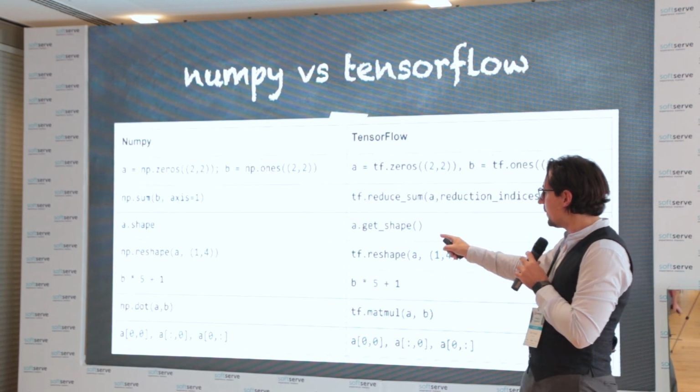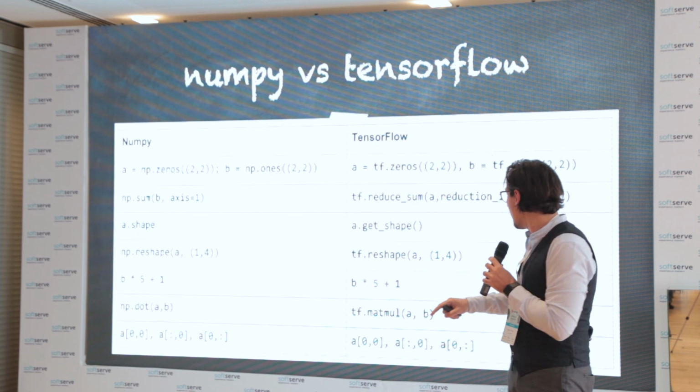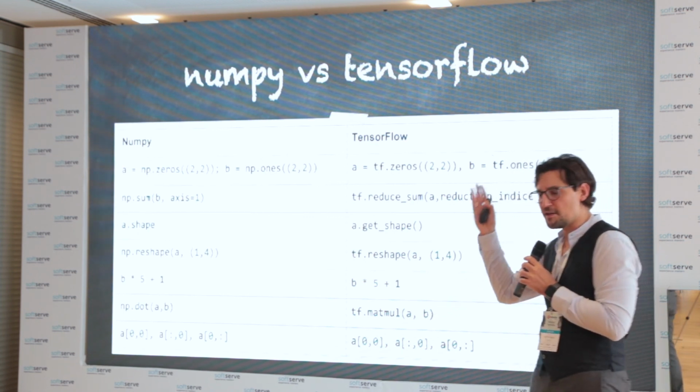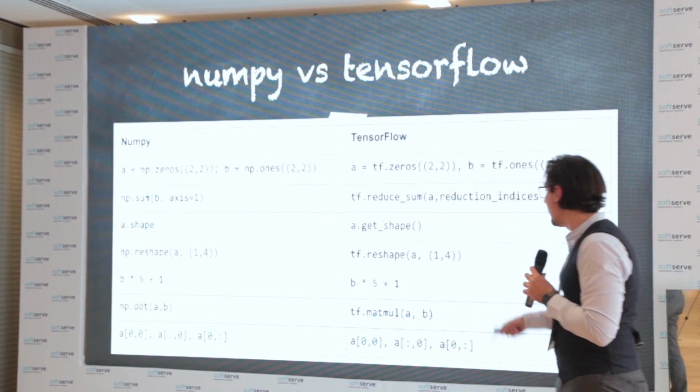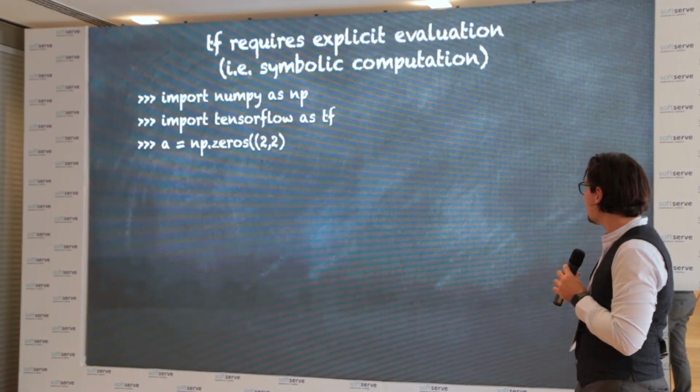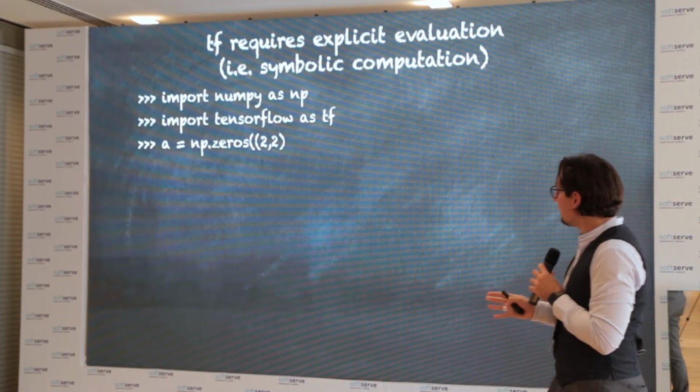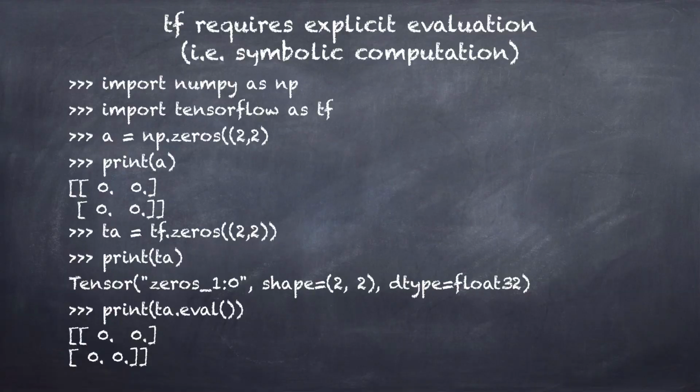You have the dot function on NumPy, and you have matmul for some reason in TensorFlow, but that's exactly the same operation. So one big difference between TensorFlow and NumPy is that TensorFlow requires explicit evaluation. And so far, if you take a look at the API, they basically look very similar.